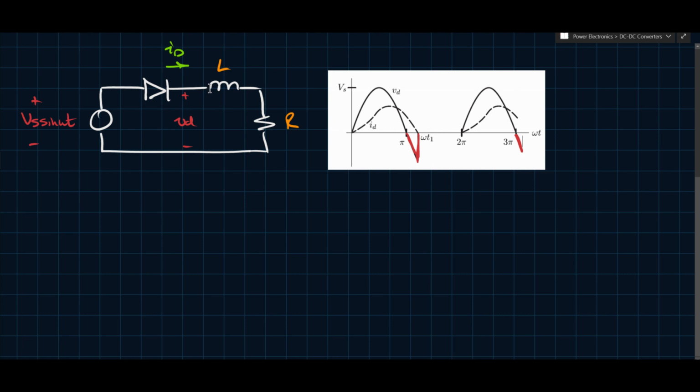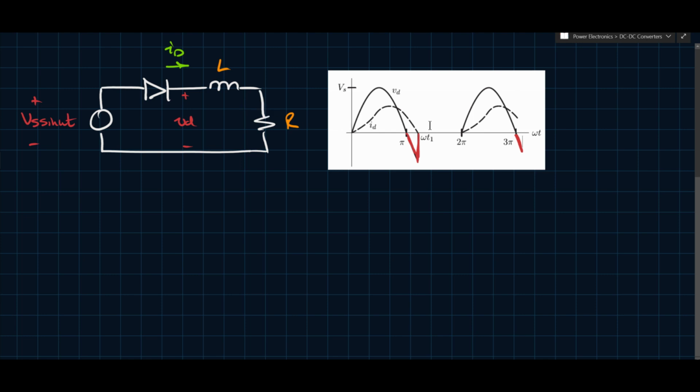As a result, it will still have some voltage across it so long as current is flowing through it. In this case, the current is changing, therefore there will be a voltage. If the current was constant through the inductor, then there's no change in inductor current, therefore no inductor voltage is developed. Here, this is a changing voltage, and therefore you'll have a changing current here as well, right?